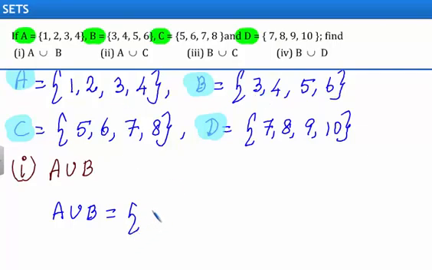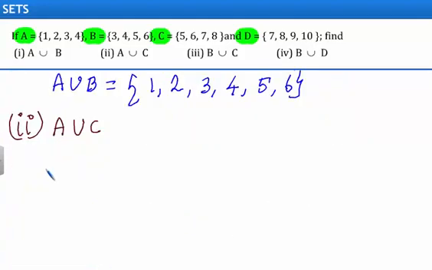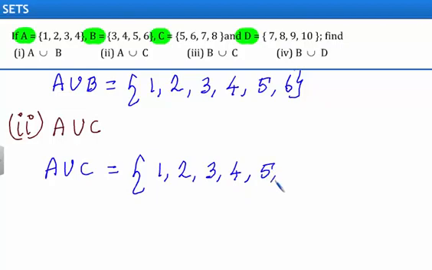So this will be equal to 1, 2, 3, 4, 5, 6. Next we have to find A union C. A union C is equal to set of those elements which are either in A or in C. So this will be equal to 1, 2, 3, 4, 5, 6, 7, 8.